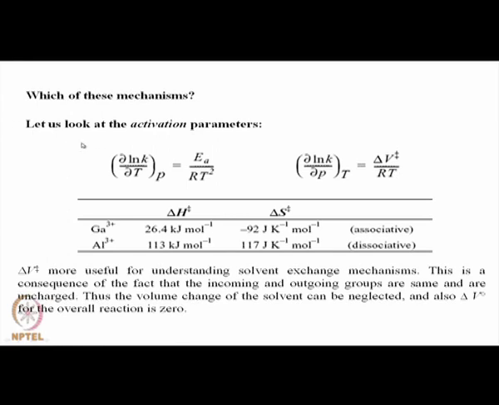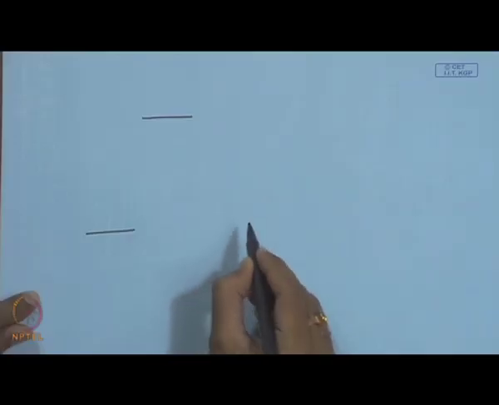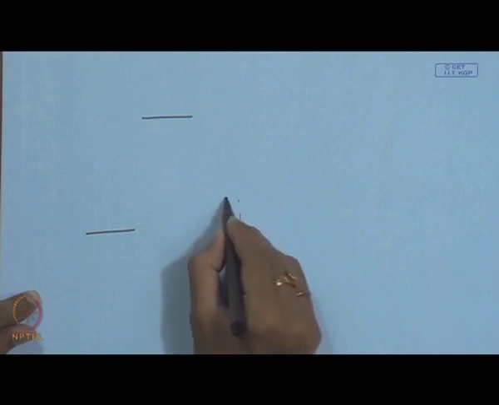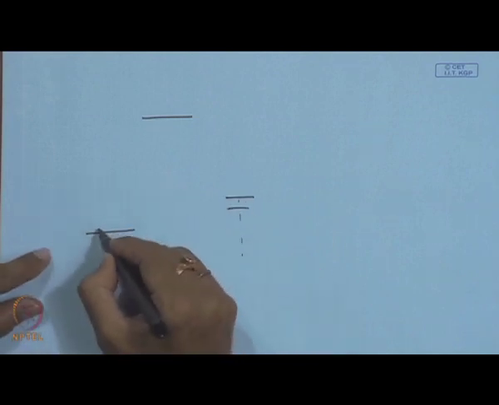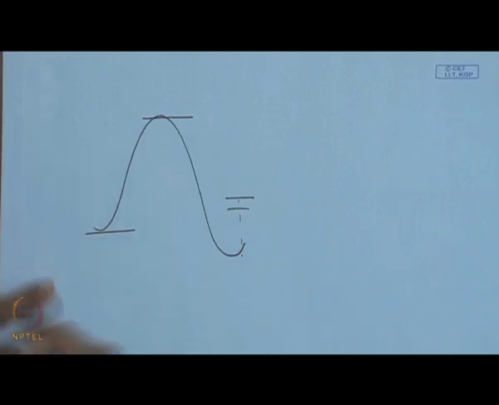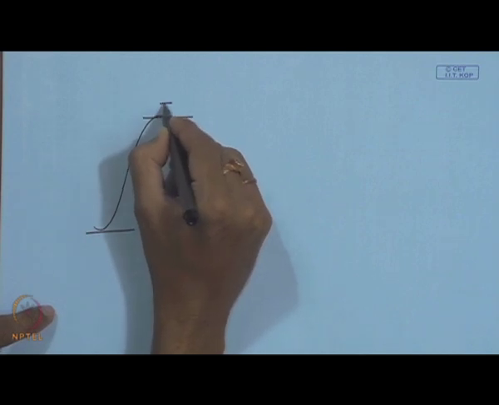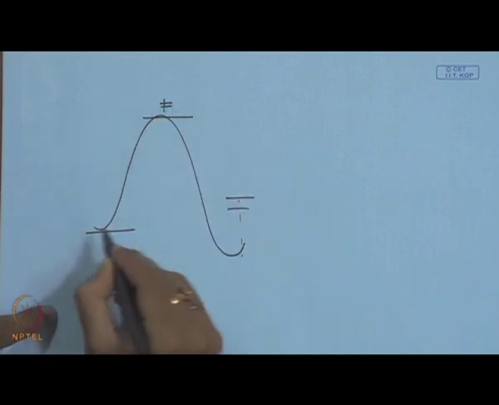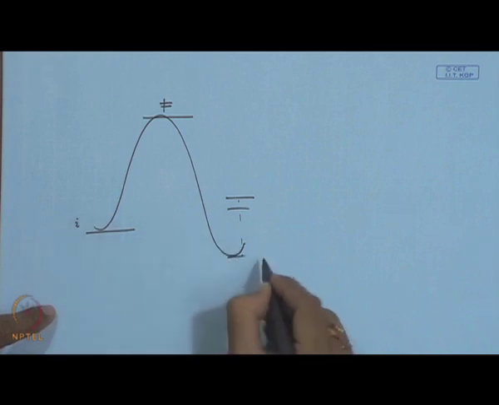So, let us look at the activation parameters. Activation parameters means, so this is your initial state, this is your activated state, and maybe somewhere here your product state, this is your final state.